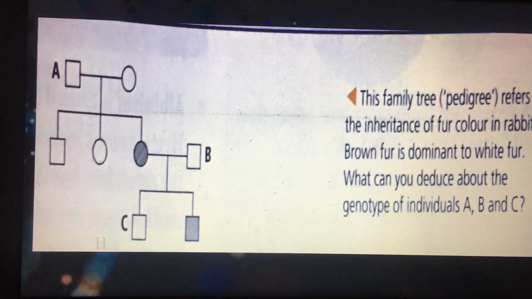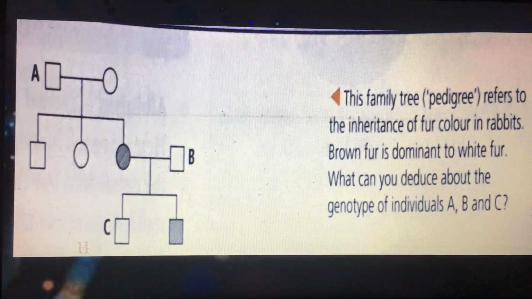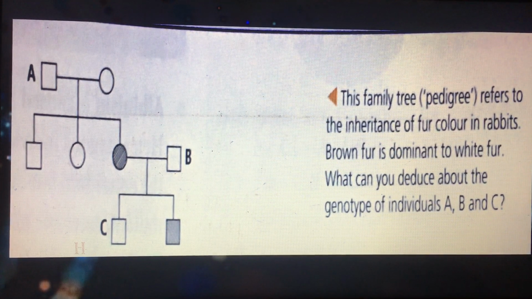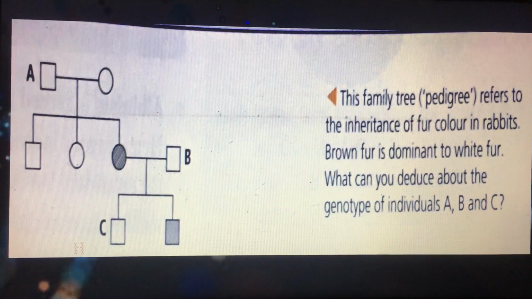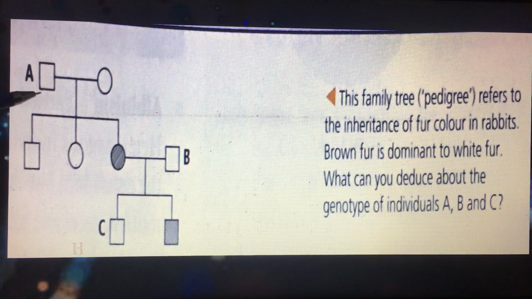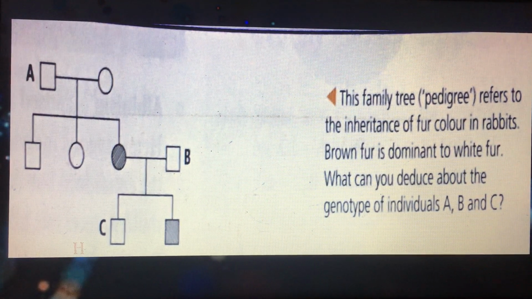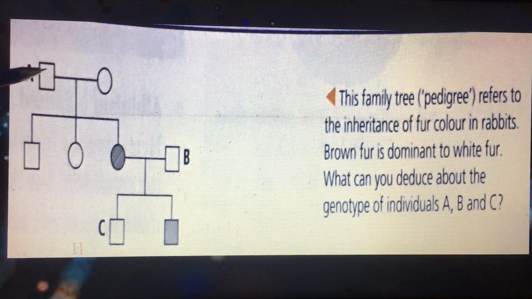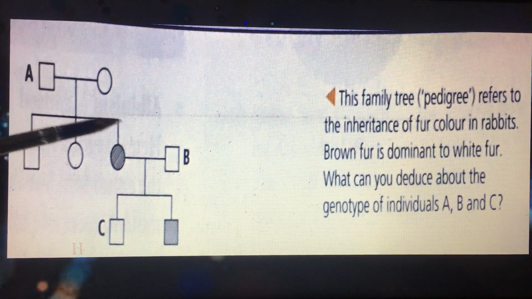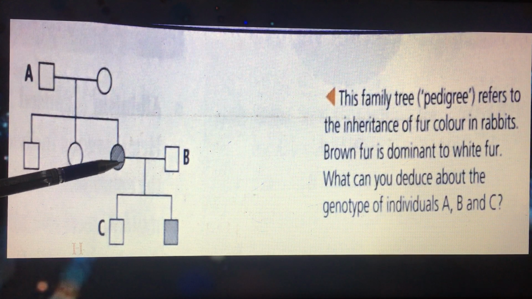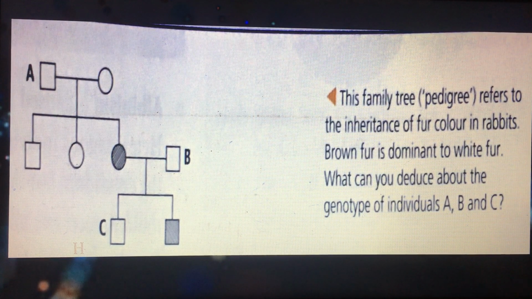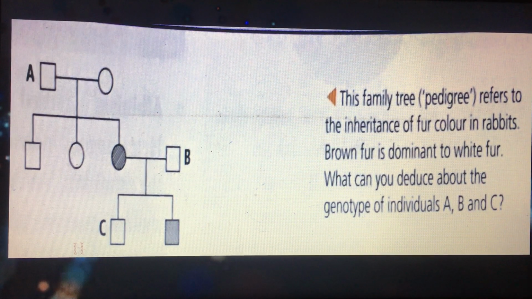Let's start with the first thing, A. If you look at the parents, this is the male and this one is the female. When they fuse the gametes together, they produce one offspring that is affected with white.